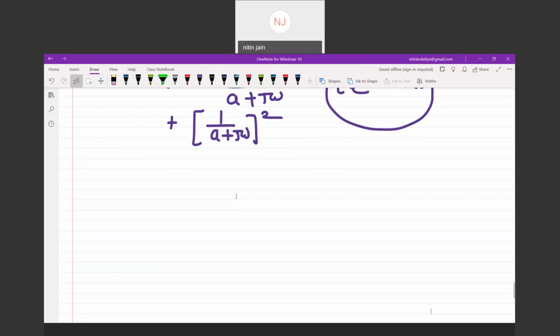A signal is given by x(t) equal to e to the power minus t.